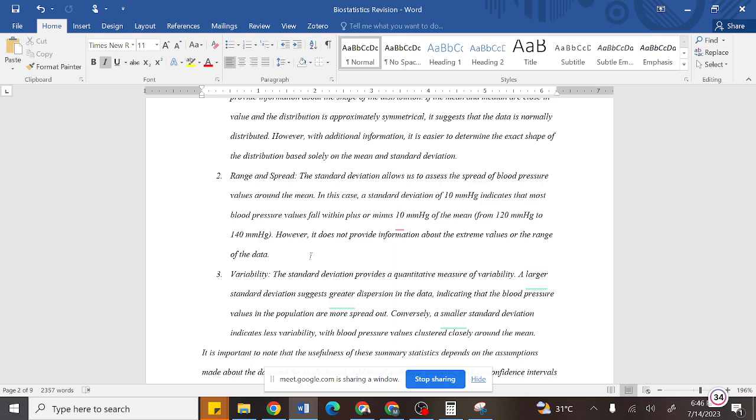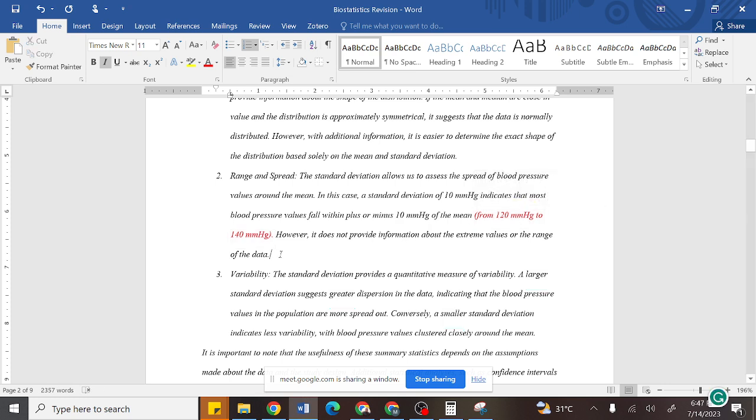This means if you have a standard deviation of 10, it indicates that most of the blood pressure values fall within plus or minus 10 of the mean, which therefore means that most of the people who come to the hospital will have systolic blood pressures between this.